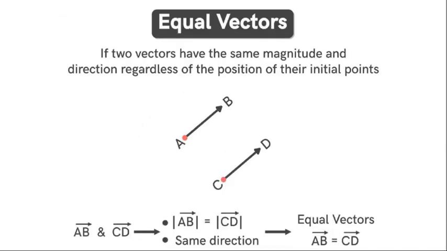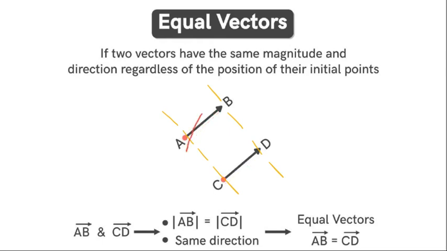Fine. So the next one is equal vectors. To show equal vectors, consider two vectors AB and CD. Now look at AB and CD. First let us consider their size. AB and CD both have an equal size.